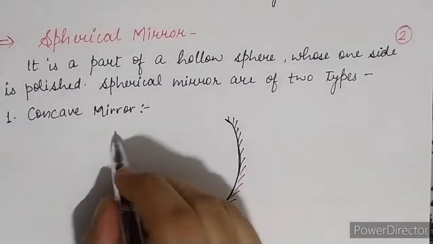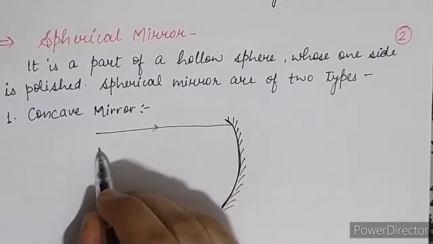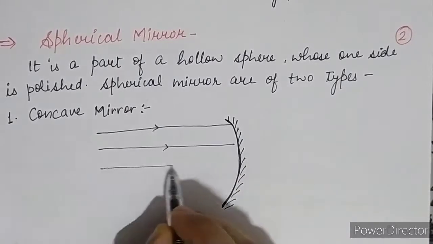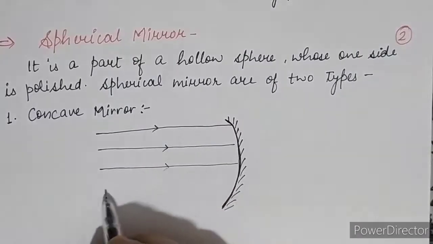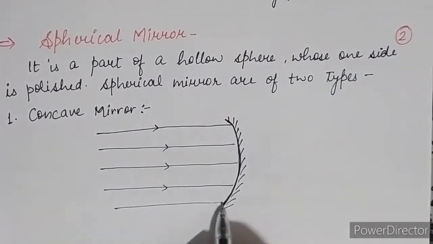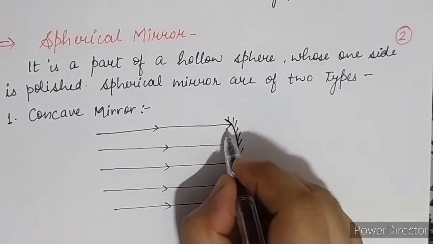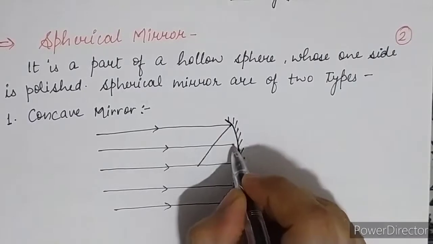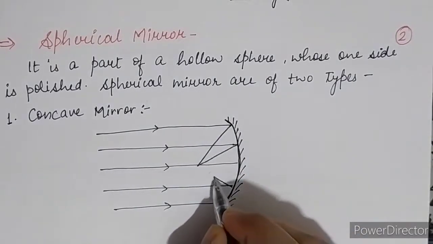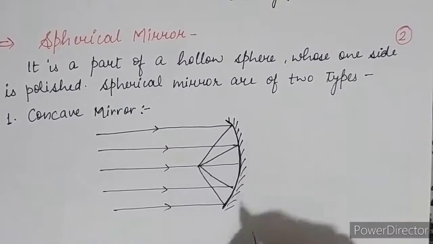And in this, when the light rays are incident parallelly on the reflecting surface of the concave mirror, then it converges all the light rays at one point after reflection.